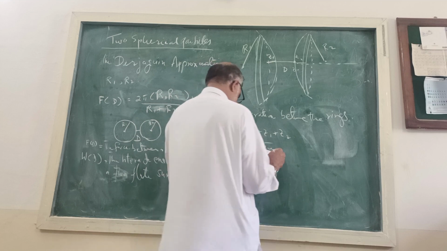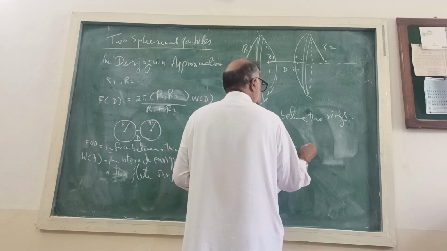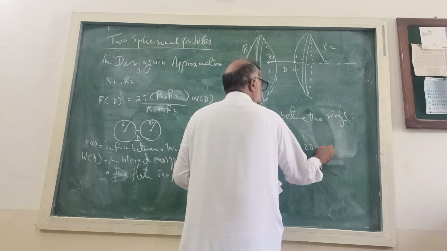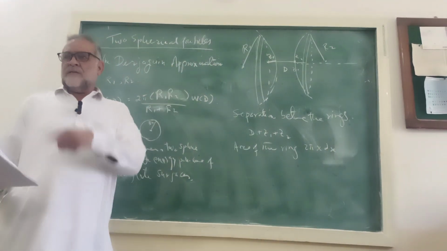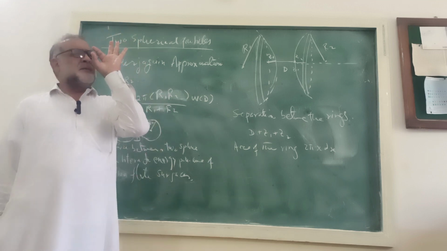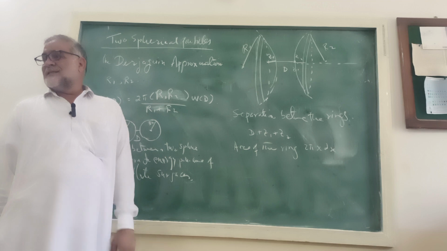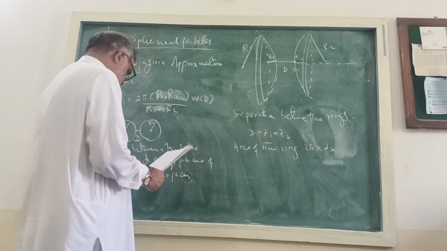And the area of the ring, that will be 2 pi x dx. 2 pi x is the circumference and dx is a small increment along the radius.